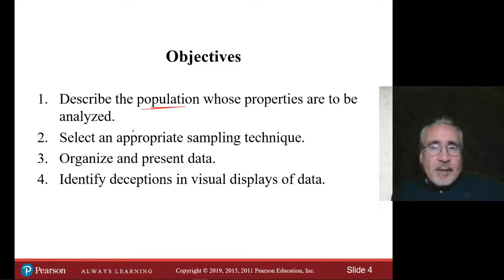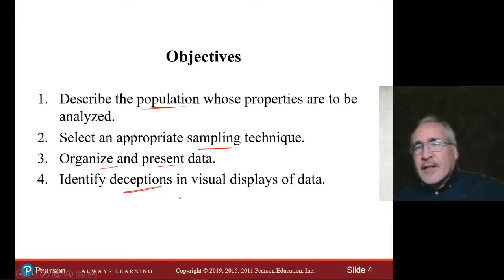It is a group of people or things, but in statistics it's got a very specific meaning. We'll look at what sampling is and appropriate techniques, how to organize and present data. And then, like I said, we're going to look at some ways that graphs can be done in a deceptive way to make you think something that isn't really true.